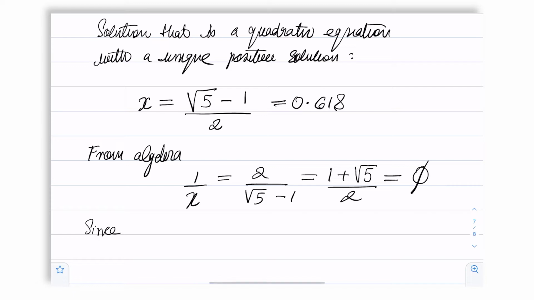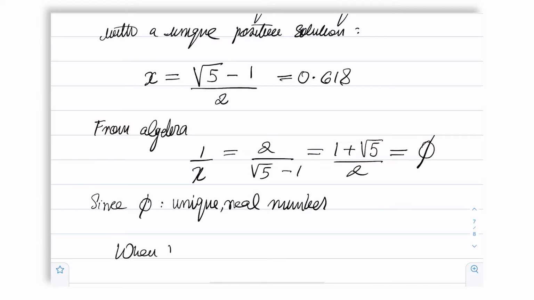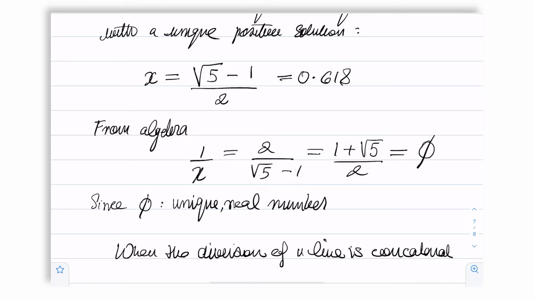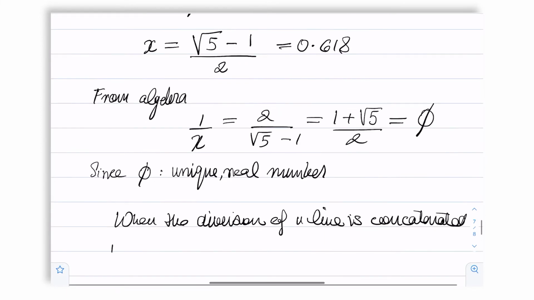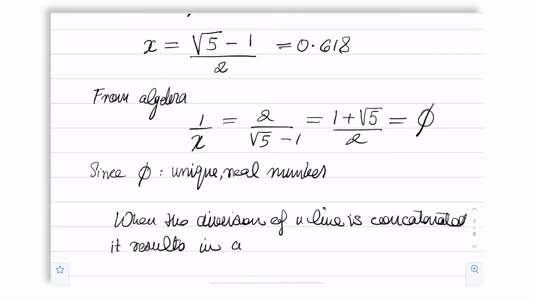Since phi is a unique real number, when the division of a line is repeated, it results in a constant.